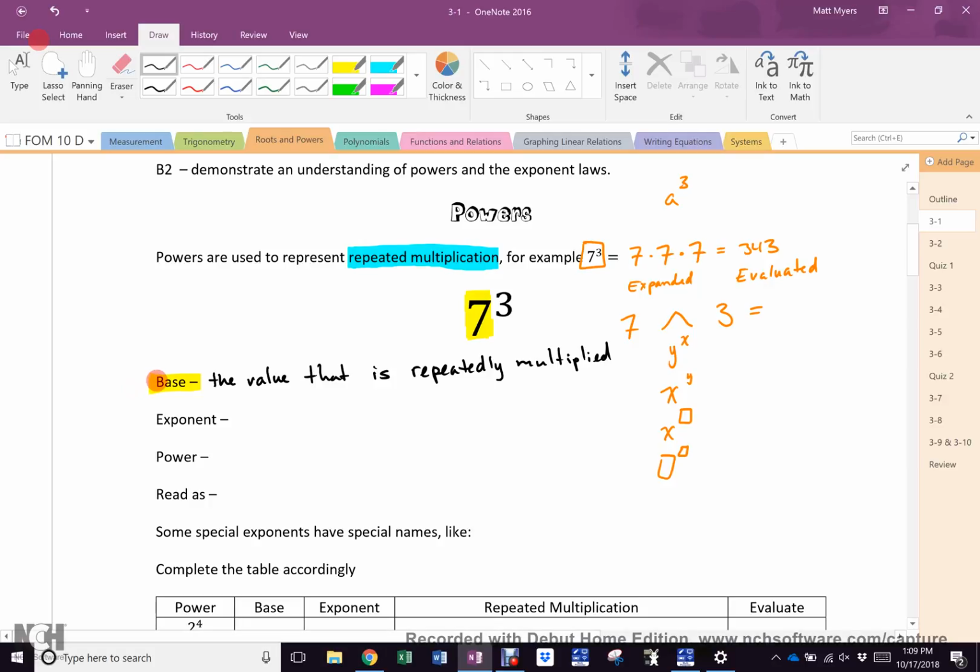What then would it be if it was a to the 3? It would be a times a times a. Agreed? Yeah. Good. Now, the exponent is blue. The exponent is what? 3. In math, the number that repeats the base? It's the number of multiplications. Yes?